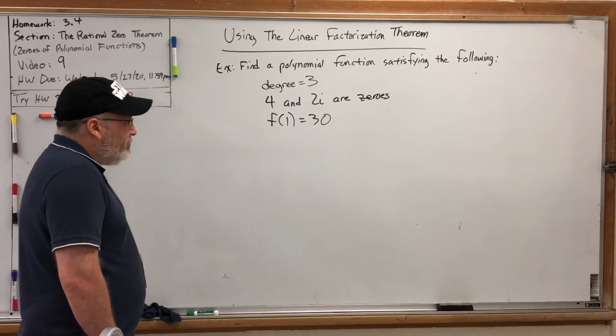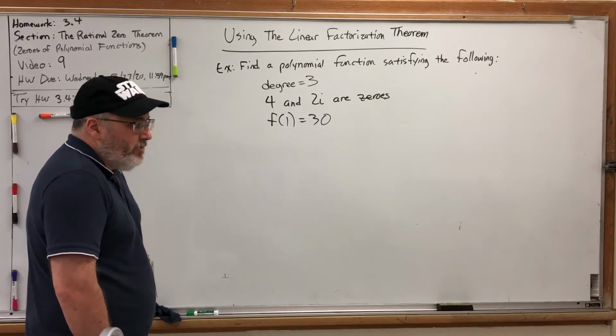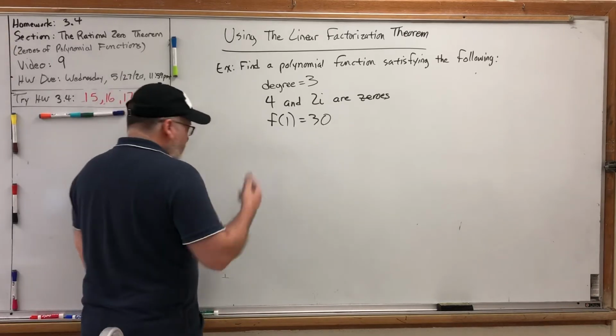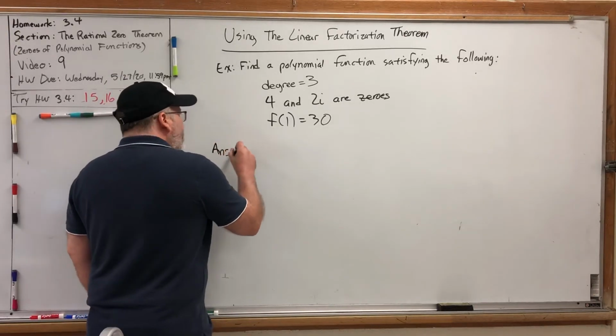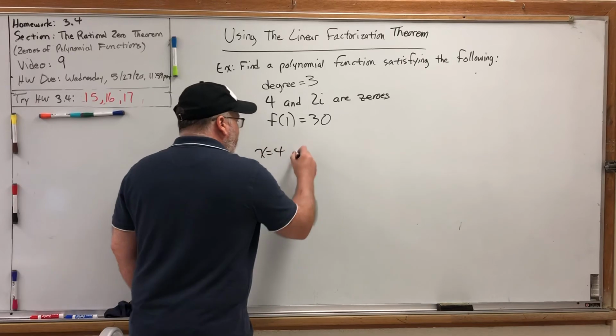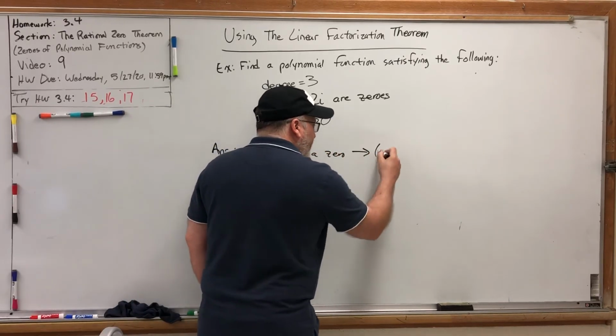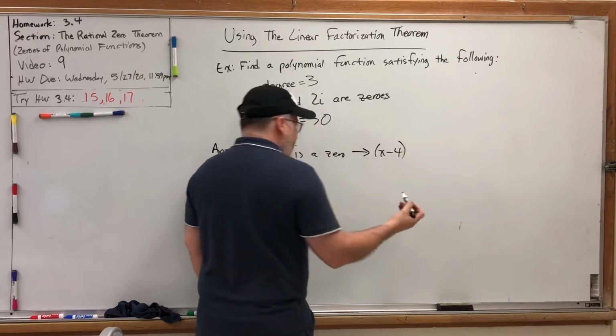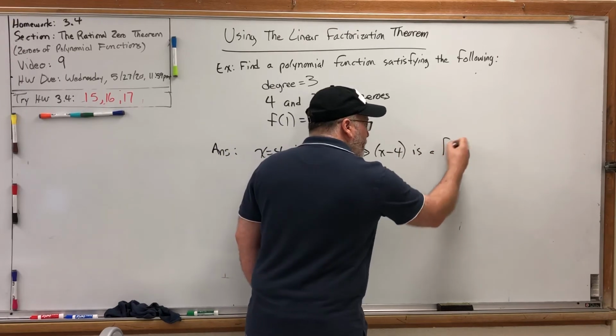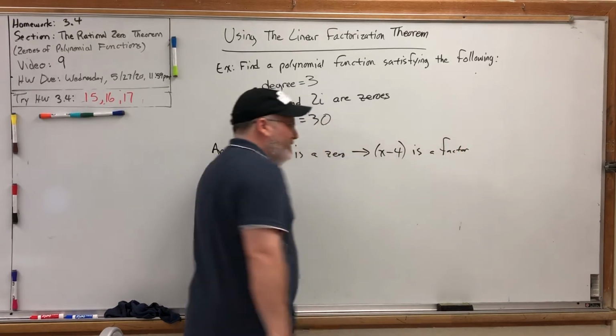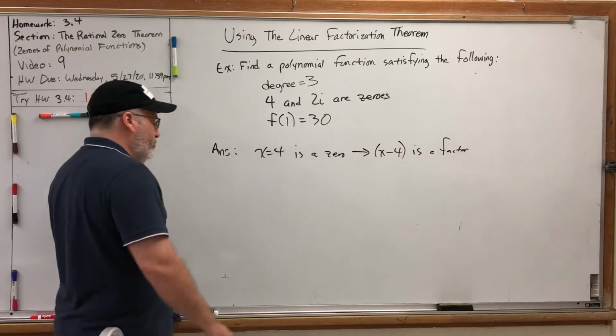The linear factorization theorem says that every zero is a factor, essentially. So if x equals 4 is 0, that implies that x minus 4 is a factor. We did that already, way back at the beginning of this series.